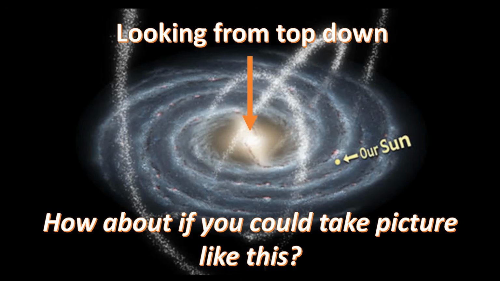Now, why would we want to do all of this? If you take a camera from your backyard and you take a picture of the night sky, it doesn't matter how good your picture is. At the end of the day, you're just looking out from the Earth and seeing what hits the camera first, and it's very difficult to see behind that. Yes, with something like the James Webb telescope, you can peer through the dust and see the stars behind the dust and get a bit further.